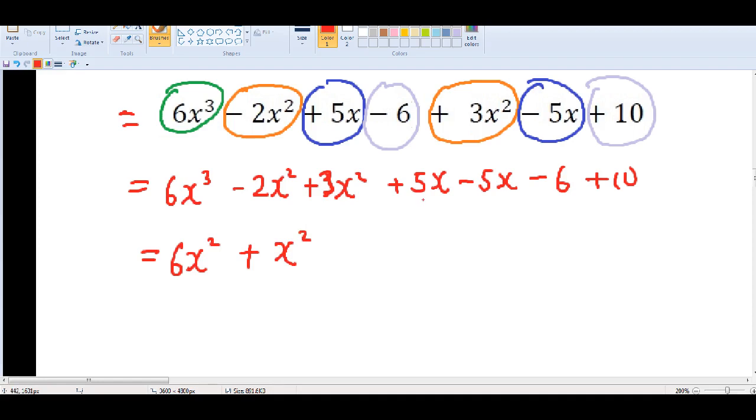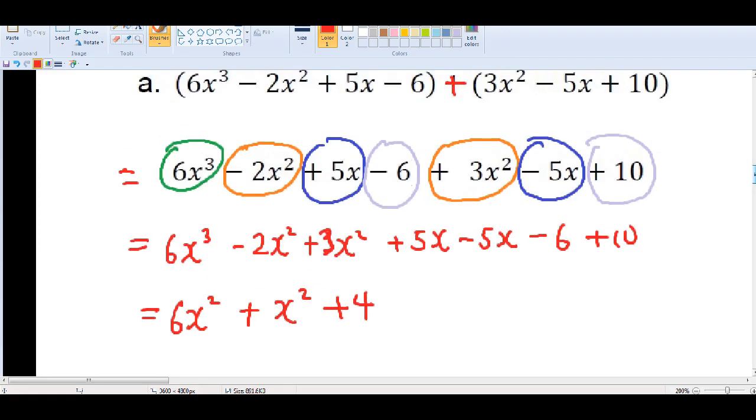And for this 5x minus 5x, they are the same, so 5 take away 5 becomes 0. For 0x you don't need to write that. Minus 6 plus 10 is not 6 plus 10, it's minus 6 plus 10. If you are not quite sure, use your calculator, then you will get the answer, right?